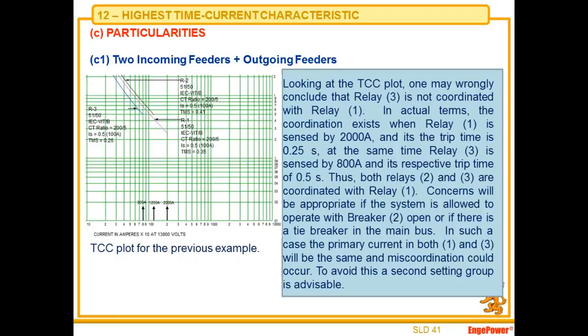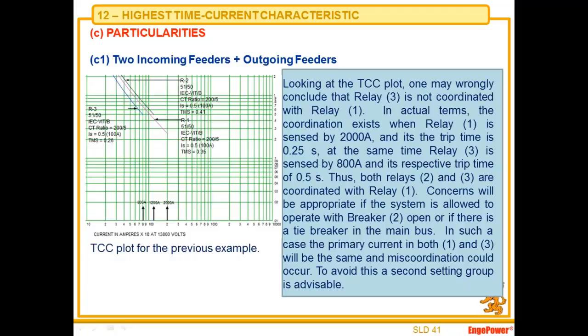Let's analyze. When device 1 is being sensed by a 2000 amps current, it trips in 0.25 seconds. At the same time, relay 3 is being sensed by 800 amps, and it trips in half a second. So 0.25 seconds and half a second, this relay will trip after this one. So it's coordinated.